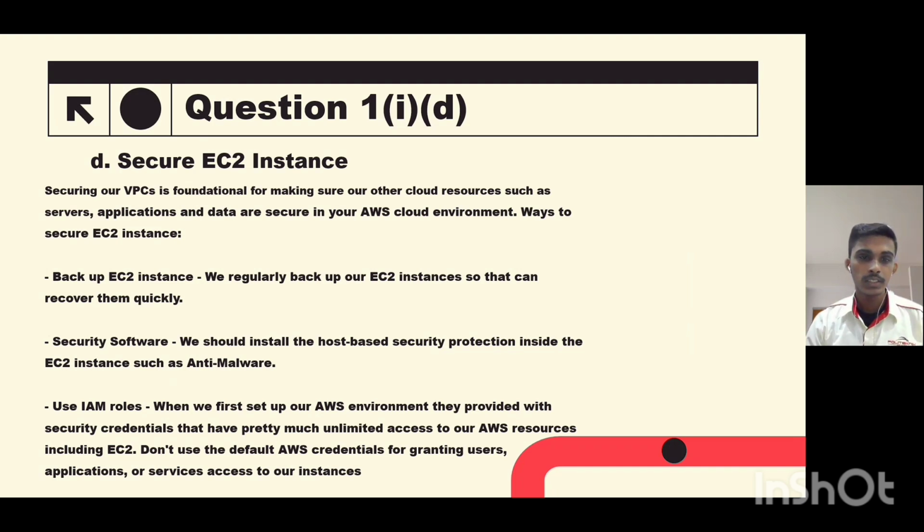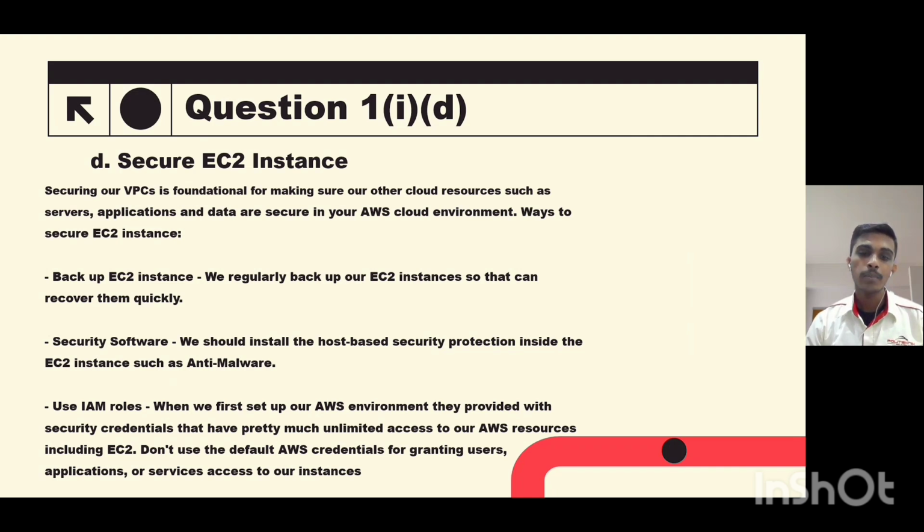Number 1, backup EC2 instance, where we regularly backup our EC2 instance so that we can recover them quickly. Number 2, security software, we should install the host-based security protection inside the EC2 instance, such as anti-malware. And number 3 is to use IAM roles.